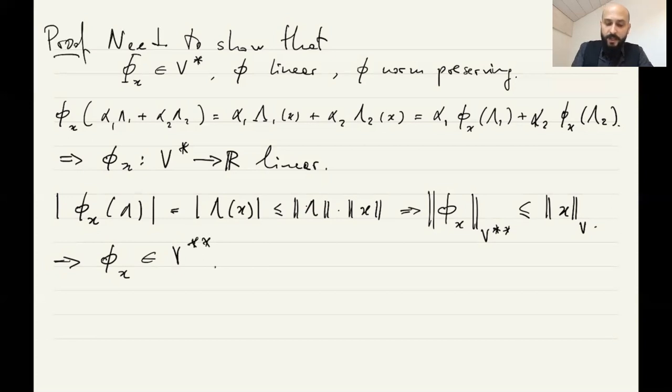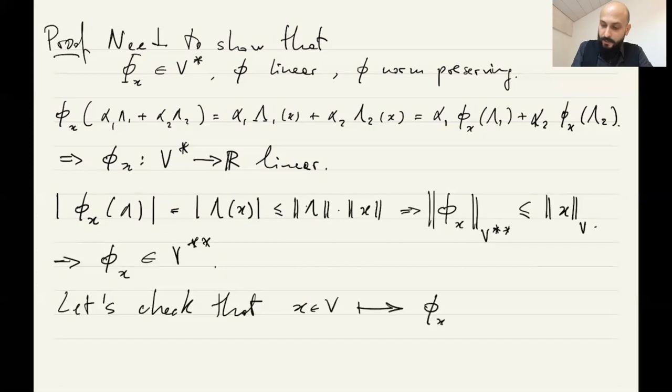Okay, now let's check that the map as a map in x is linear. So let's check that the map x in V goes to Phi of x in V star star is linear. To do this, we have Phi of alpha 1 x1 plus alpha 2 x2 applied to some lambda.